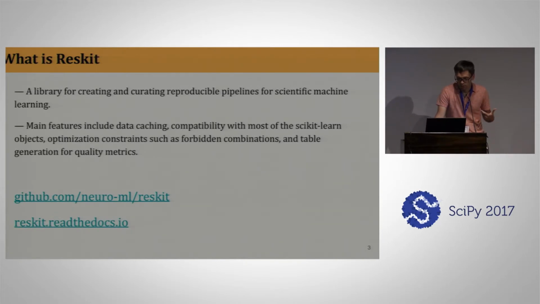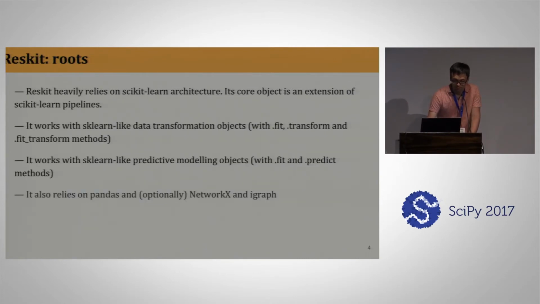It's compatible with scikit-learn objects, and in fact it was heavily inspired by them. It also has some optimization constraints, such as forbidden combinations, and I will talk about it later as well. It also represents results in a way convenient for analysis. And here are the links to the library and to the documentation as well.